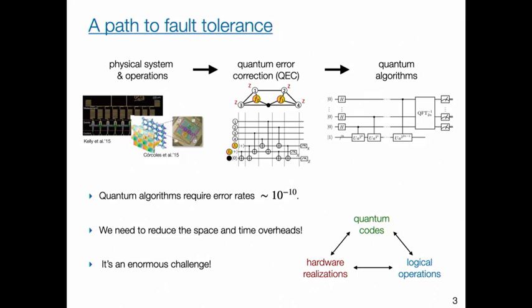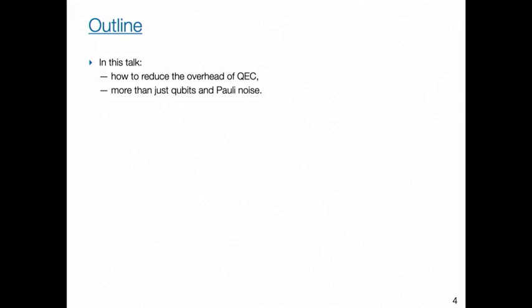What I would like to talk about in this talk is that thinking about constraints imposed by hardware can help us to tailor quantum codes and lead to reduced overhead of quantum error correction. So in this talk, we'll be thinking about how to reduce the overhead of quantum error correction. This is a very timely question to think of.